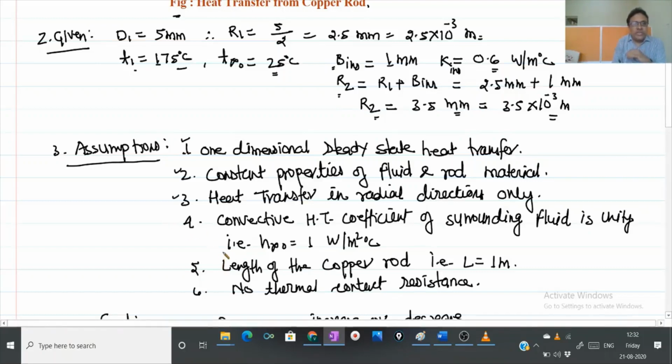We are assuming heat transfer in one direction only, and for the cylinder we are assuming that direction is the radial direction. In this problem, the rod is exposed to some fluid whose H infinity value is not given. So we will be assuming the convective heat transfer coefficient of the surrounding fluid as unity, that is 1 watt per meter square degree Celsius, for the sake of simplification.